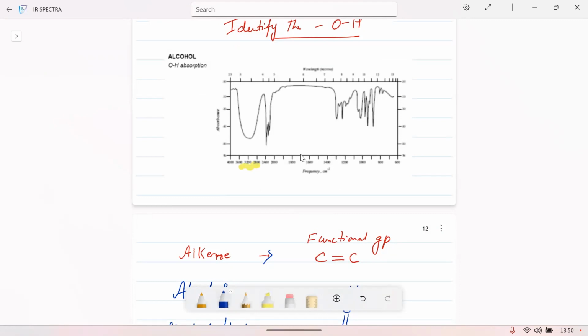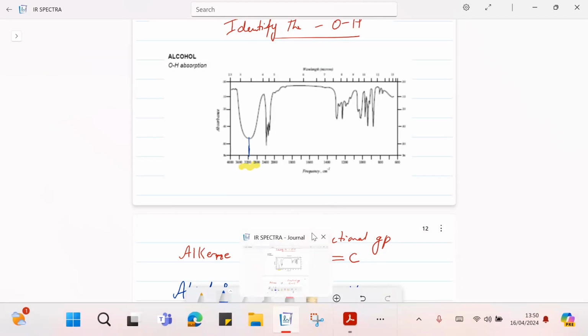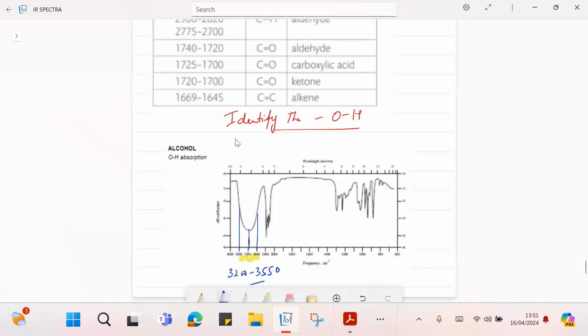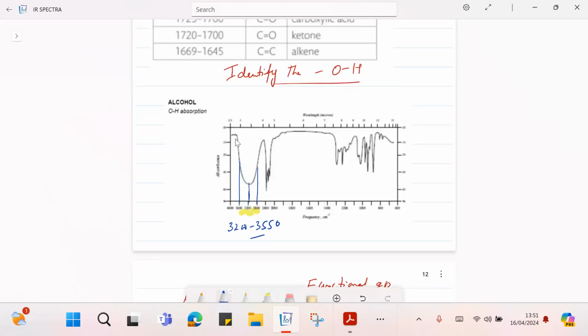According to this source, which has been taken from a different place, the peak is between 3,200 to 3,550, while in actual practice the alcohol peak is somewhere over here, 3,750 to 3,200. So this is approximately here, and this gives us an idea that this is a peak due to the OH.